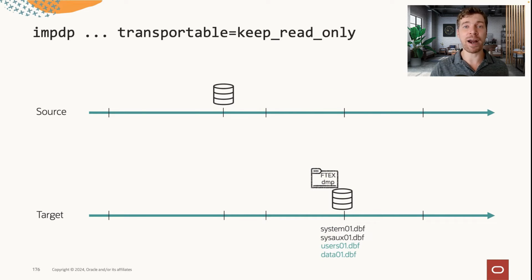And I can retry the impdp operation in my destination server again and again and try again. That way I can check how my destination server will behave after receiving those data files and that Data Pump full transportable export.